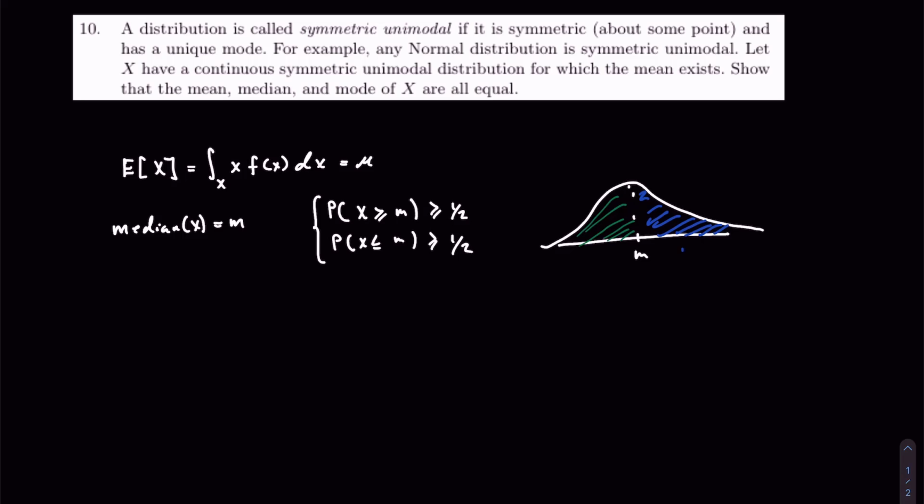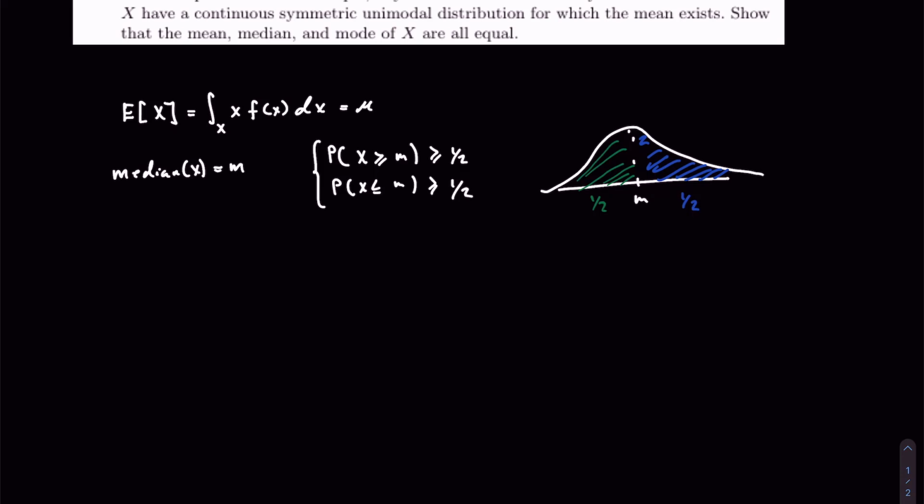And this means that the mass here is a half, and the other mass here is also a half. So this is what the median intuitively means.